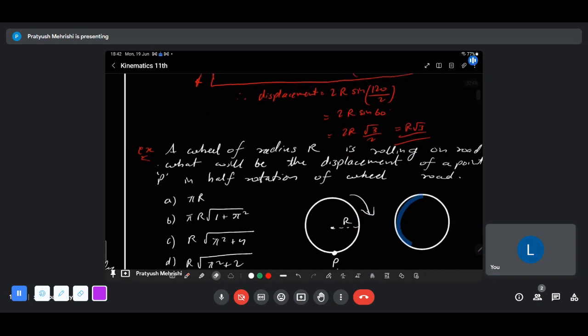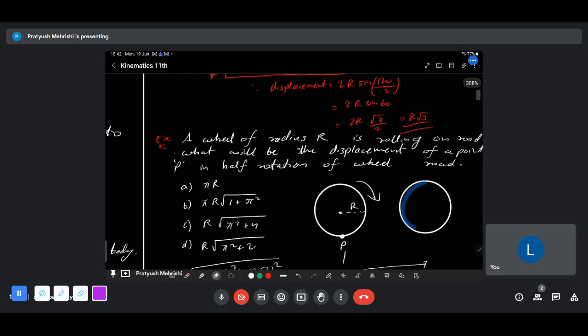See this. This wheel is rotating. While rotating, the point which was at its lowest position, touching the ground, came up to the topmost position. This point P came up here.